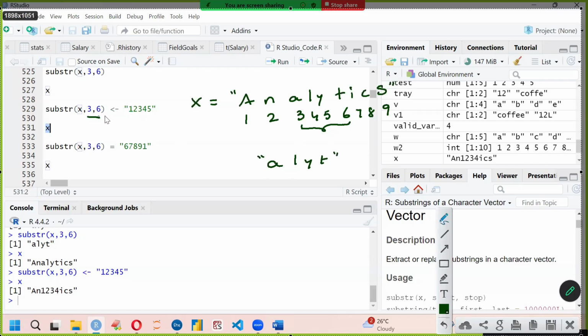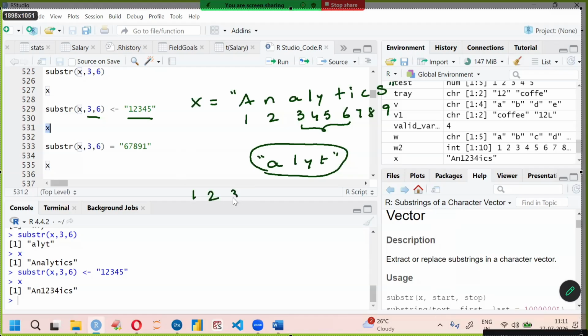What exactly we are doing is converting this A, L, Y, T into 1, 2, 3, 4, 5. But if you see, here we have five elements, 1, 2, 3, 4, 5, and here we have only four elements. So we are trying to convert four elements into five elements, which is not possible.